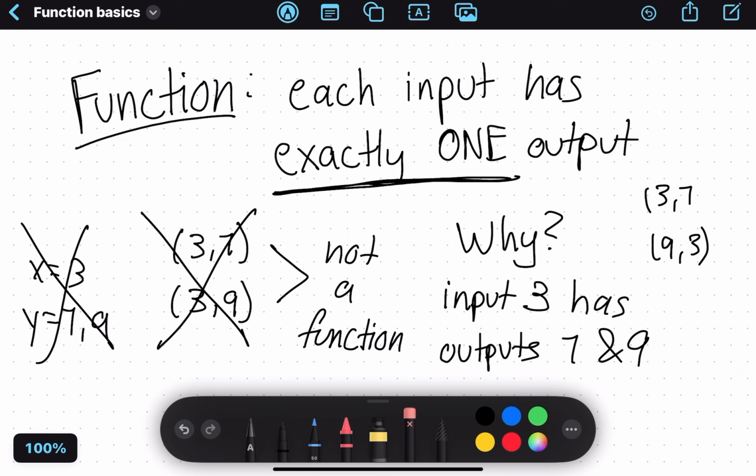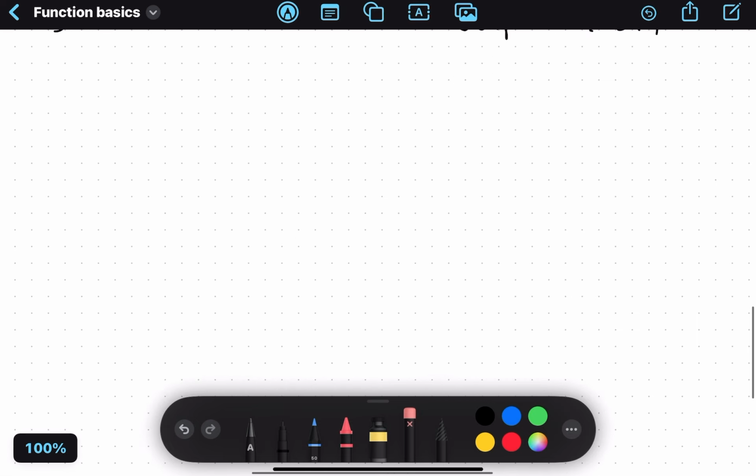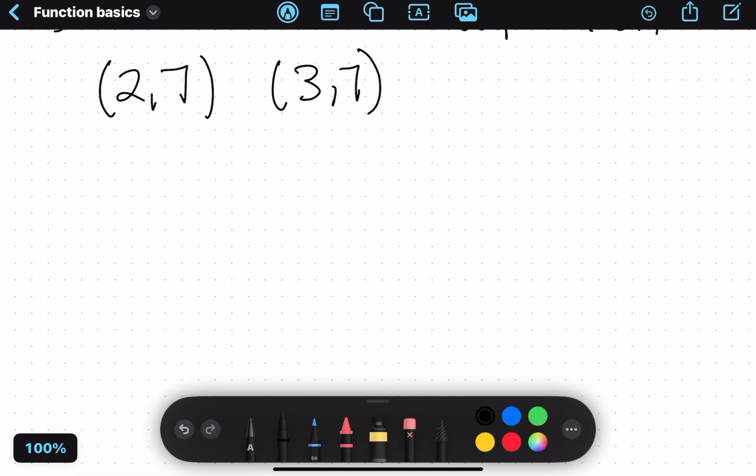Okay? One other thing I would like to mention is that you can have the same output for two different inputs. What I'm trying to say is that you could have two different x values with the same y. Let's say we had (2, 7) and then (3, 7). This is a function. Why? Because 2 has one output, and 3 has exactly one output.